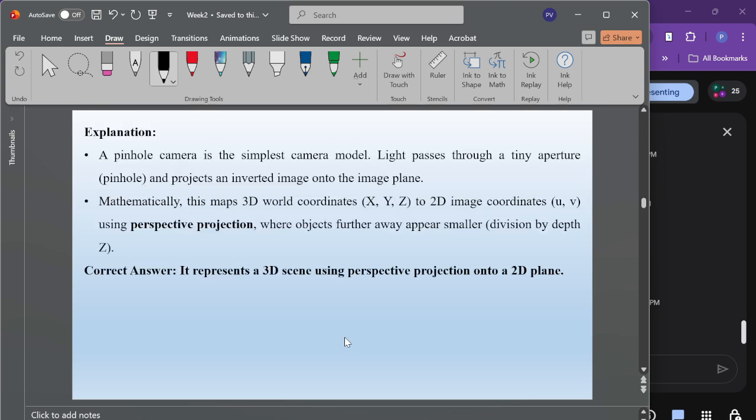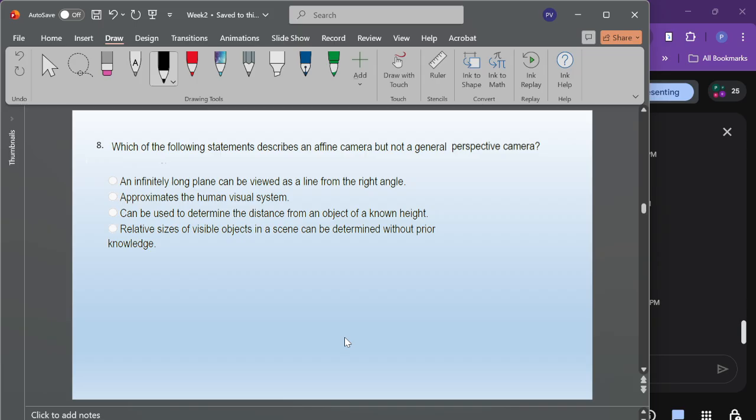Okay, so now moving to our next question. Which of the following statements describes an affine camera but not a general perspective camera? Option A, an infinitely long plane can be viewed as a line from a right angle. Option B, approximates the human visual system.